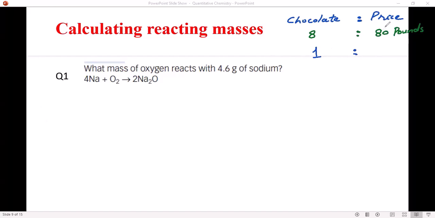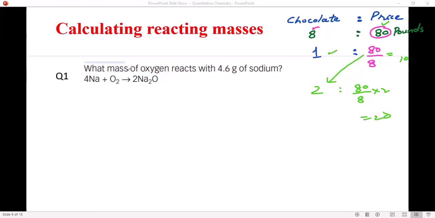What you do is just divide this number by this number. So remember, whenever you need to do a calculation for one chocolate, for one mole, for one atom, for one gram, you need to divide whatever the number is here by this number, and you will get the answer. But now let's say you are going to buy two chocolates, one for you and one for me. What you do is just multiply, and you will get the price. Just keep this basic mathematics in your mind. We are going to use the same approach in solving our problems here.